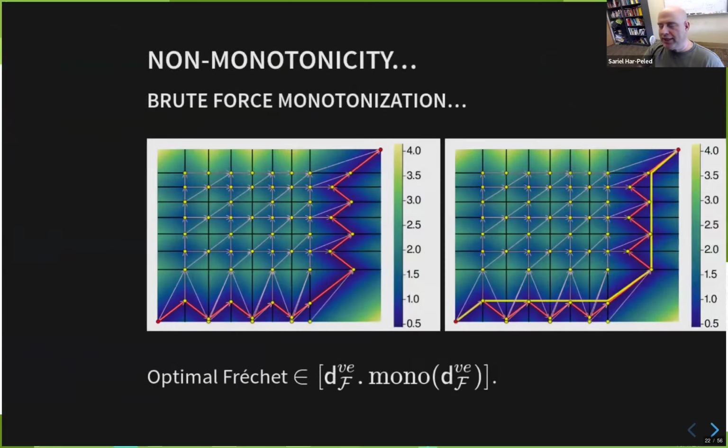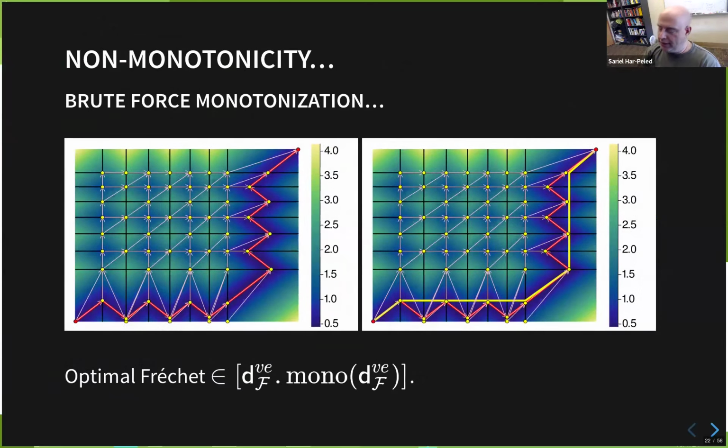So the first thing is to implement stand your ground, right? So never go back. You take the curve and you start moving along it, and you just never allow yourself to go back in the diagram. You keep going forward only, and this is very easy to compute in linear time. So this is brute force monotonization. You can do it in linear time.